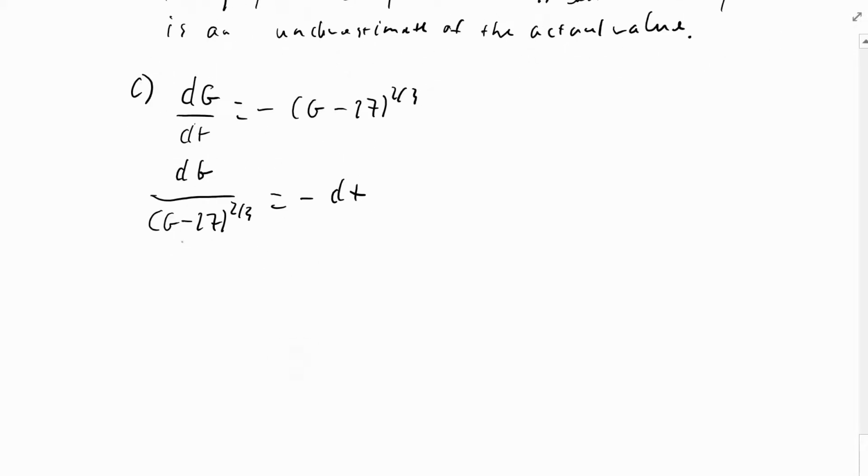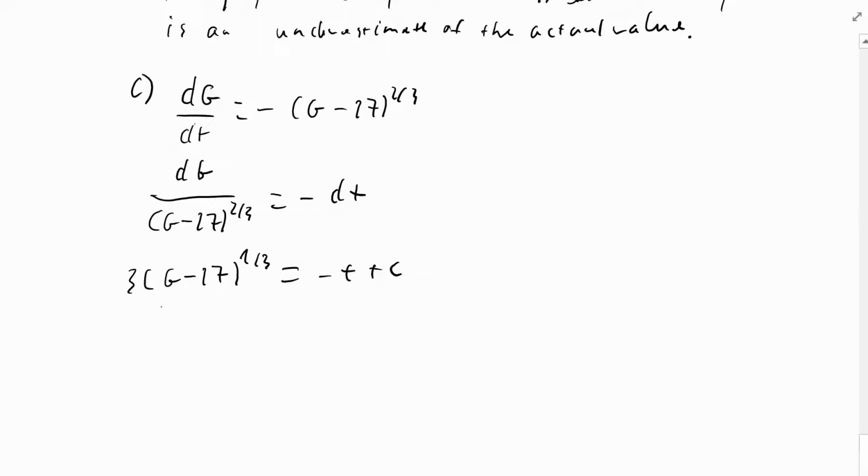For the antiderivative, because you have g minus 27 in the denominator, you can write it as a negative power, g minus 27 to the negative 2/3. The antiderivative is 3 times g minus 27 to the 1/3 equal to negative t plus c.